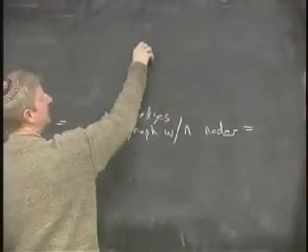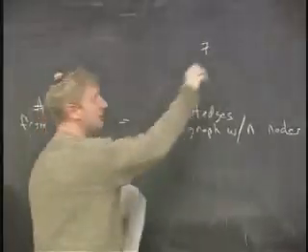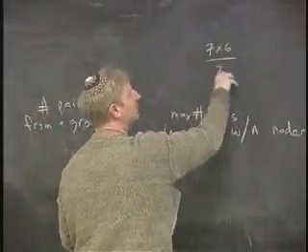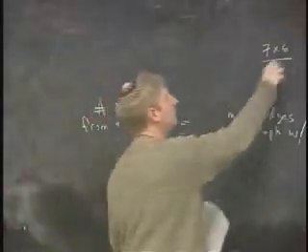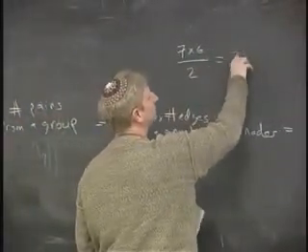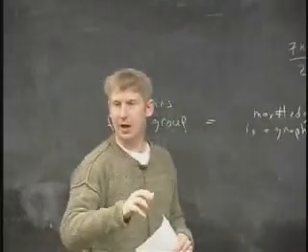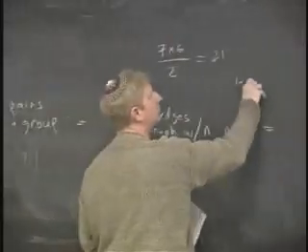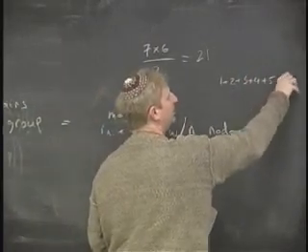Let's do this example with 7. I got 7 people. I'm going to take pairs out. That gives me 7 times 6 divided by 2, which equals 21. Let's look at the triangle numbers: 1 plus 2 plus 3 plus 4 plus 5 plus 6.